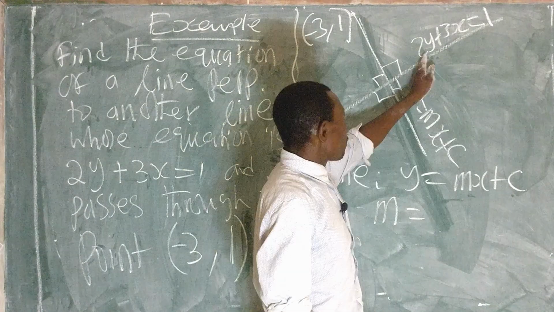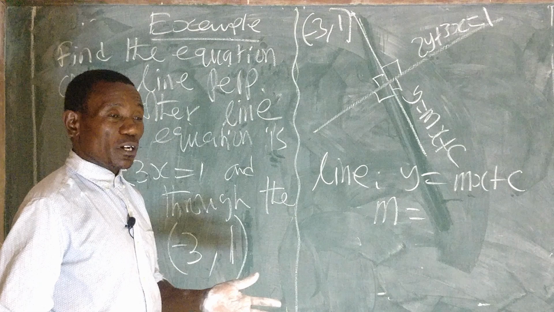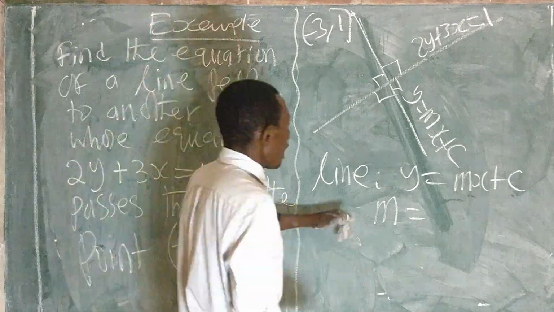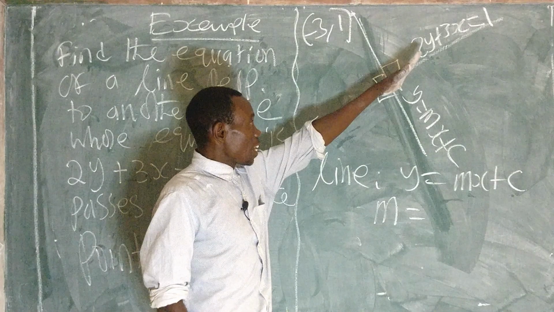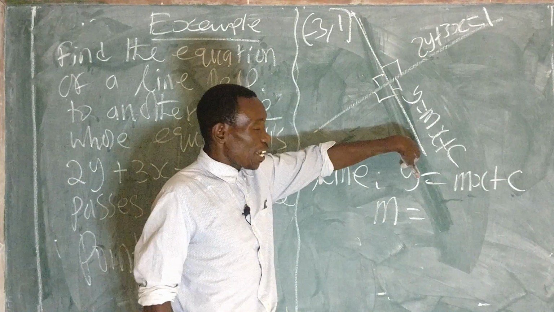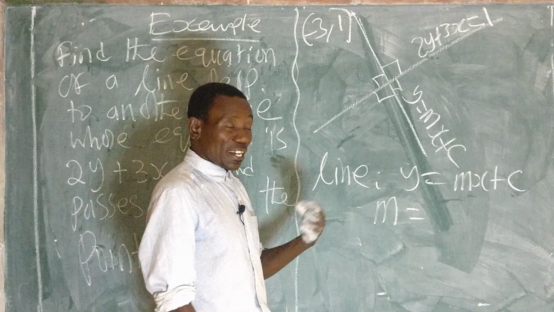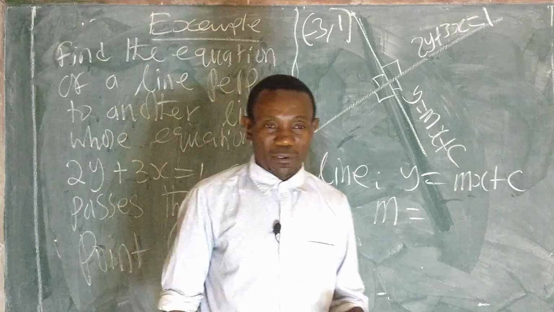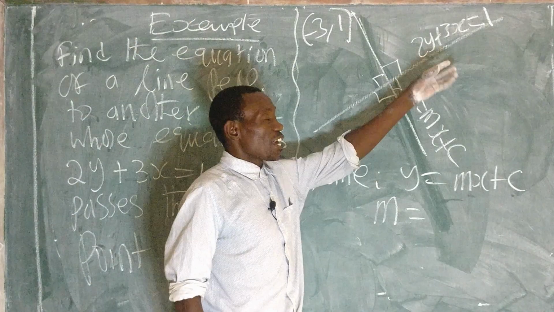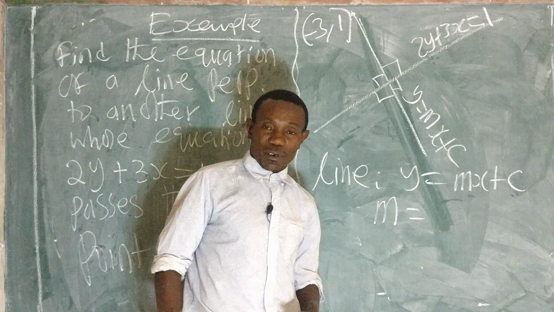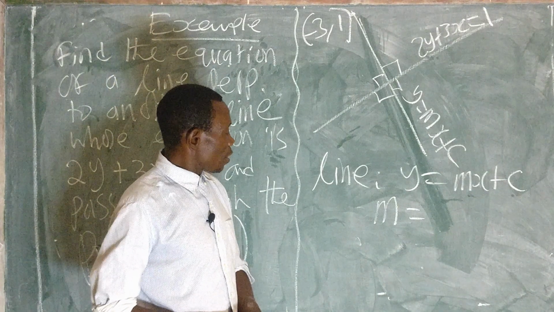So once you know the gradient of this line, at least try to use some kind of mathematical application to determine the gradient of this other line. If the gradient of this line is known, what do you think would be the gradient of this other line that is perpendicular to that? So by the condition we have had, the product of the gradients should be negative 1. I think you'll be in the position to determine that if the gradient of that one is known as a, then the gradient of the other one should be negative 1 over a.